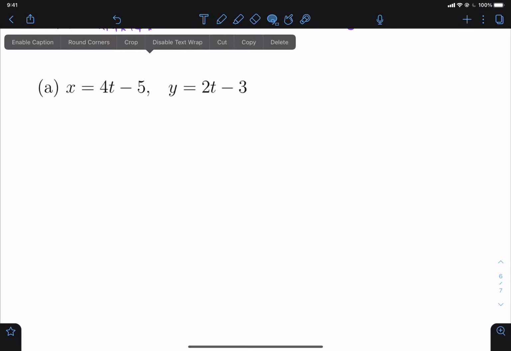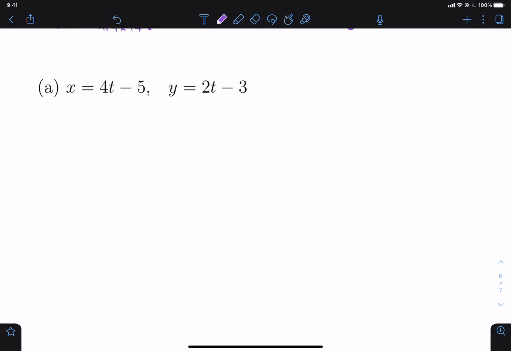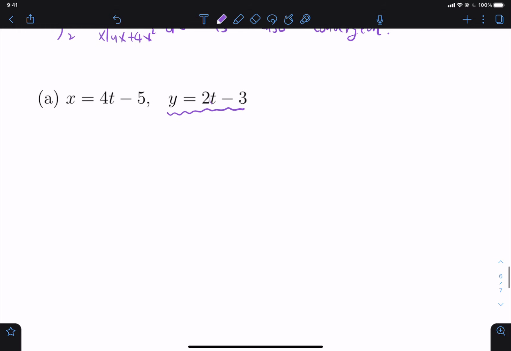You can substitute t. Solve for t in this case. For example, this one here is t equal to y plus 3 divided by 2, and you plug this into here.